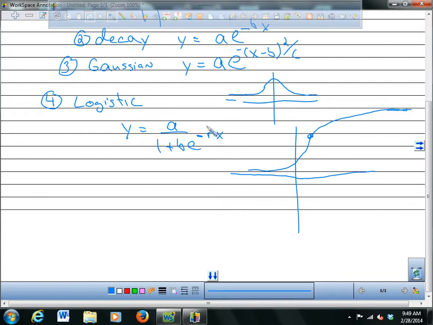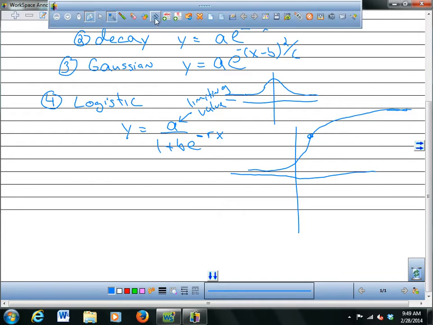Anyway, older actually. So that's a logistic growth model, and usually this is called the limiting value. That's kind of like your asymptote up this way.